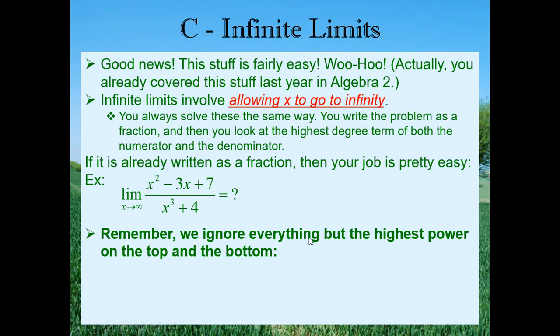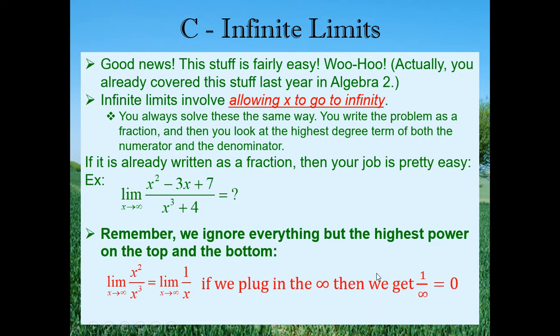So remember, we ignore everything but the highest power on the top and bottom. So here, if I've got limit of x squared over x cubed, well, this is going to reduce to 1 over x. So my limit as x goes to infinity of this is going to be 0.